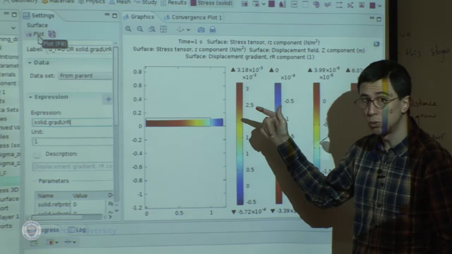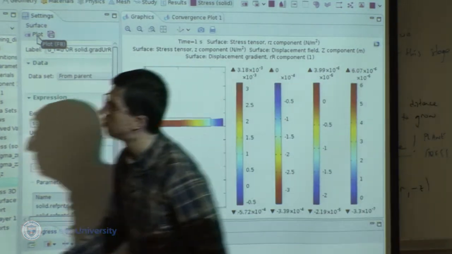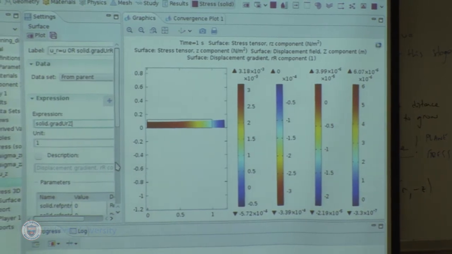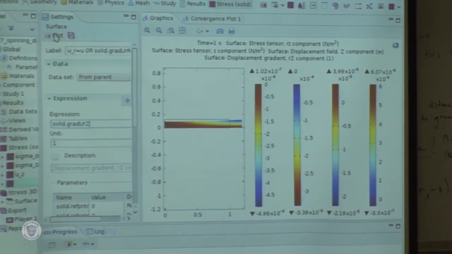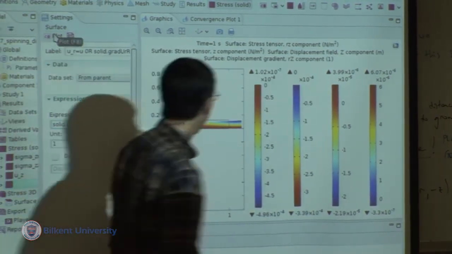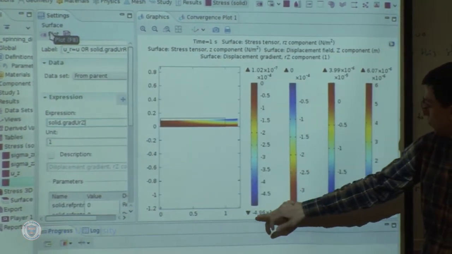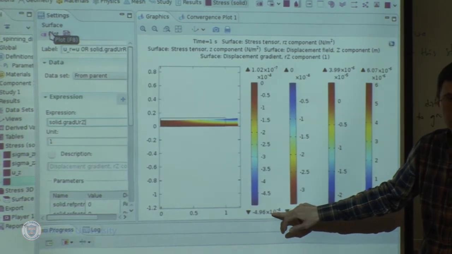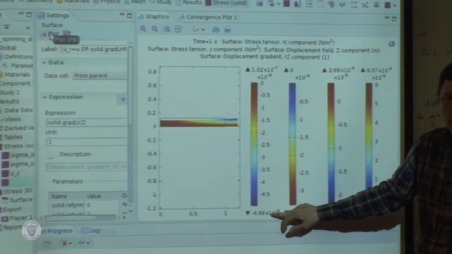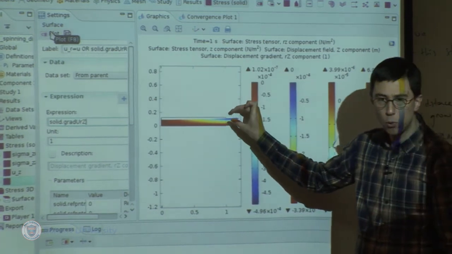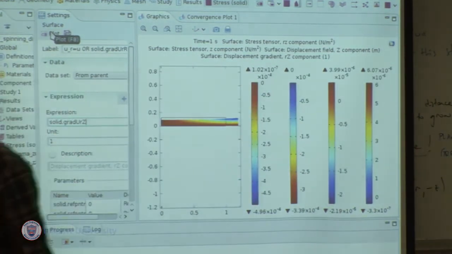So now I'm going to look at UR,Z, that term. Okay. So UR,Z, it's 4 times 10 to the minus 4. It's just a little bit less. It's not even an order of magnitude less. So it's less, but although the disk is quite thin, it's not going anywhere.